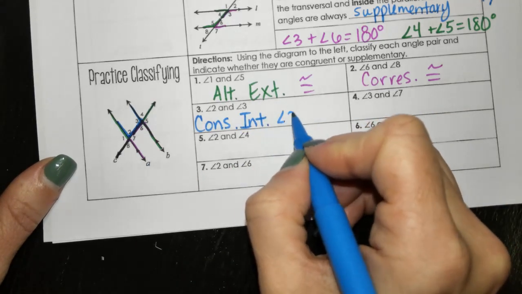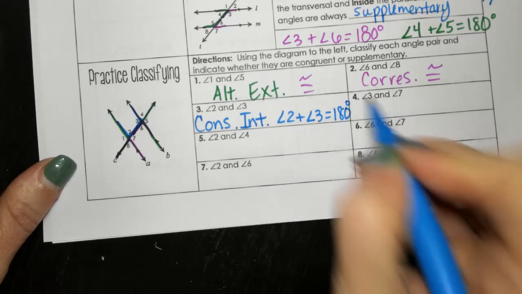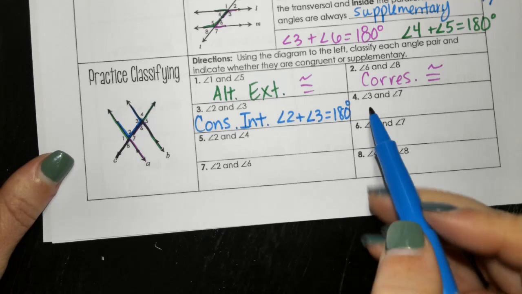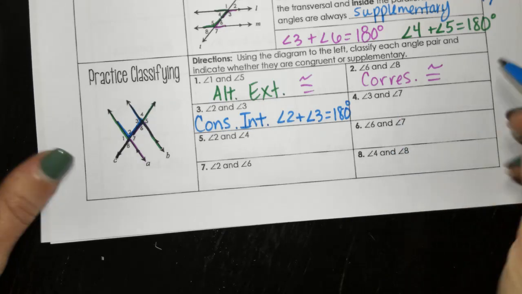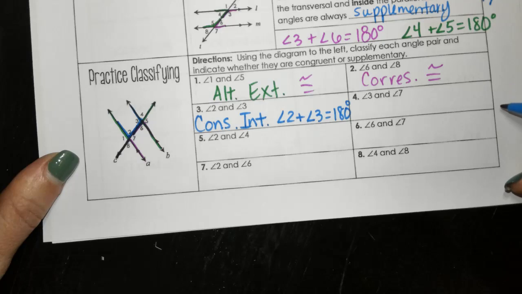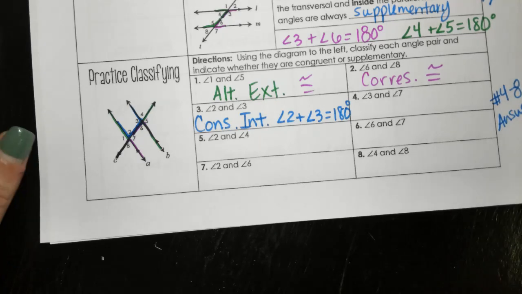Remember, those are supplementary. Okay, numbers 4 through 8, the answer key is posted on Schoology, so this would be extra practice for you. So I'll write that here, number 4 through 8. See if at your table you can figure those out, and then check your answers on Schoology.